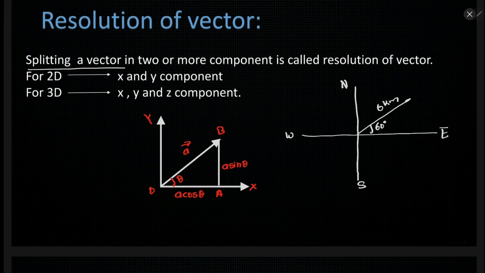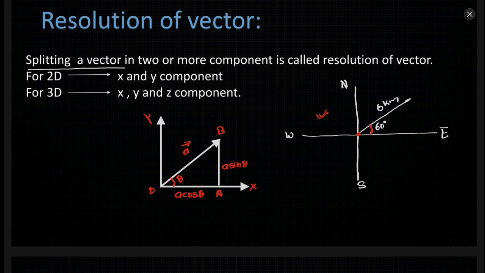Simply let's understand this from this diagram. Suppose I started walking from this point in the northeast direction, which is at 60 degrees from the horizontal line.